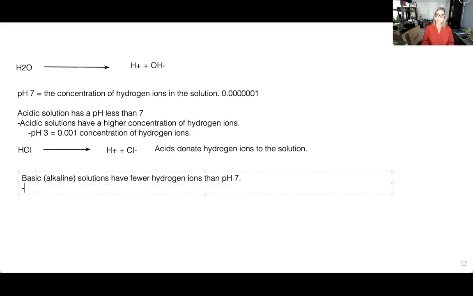For instance, a pH 9, that's basic, has 0.000000001, which is the hydrogen ion concentration. I'm doing scientific notation, but I just want you to notice that as the numbers get higher, the hydrogen ions are decreasing.